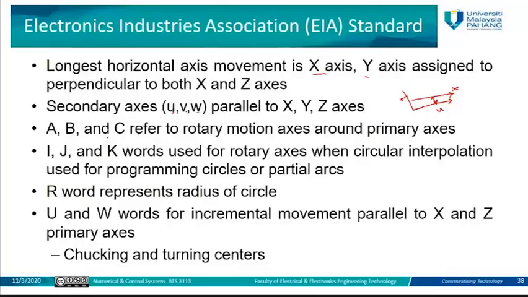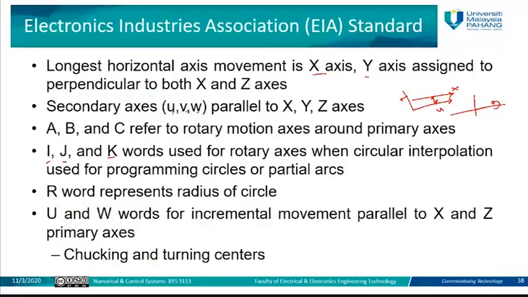Then we have ABC, refer to the rotary motions. As we mentioned before, if X axis is moved, we have A axis rotation here. B for Z, I mean for Y, and C for Z, or this definition. Also I, J, K. These are just symbols that we are going to use when writing the program for the coordinates.